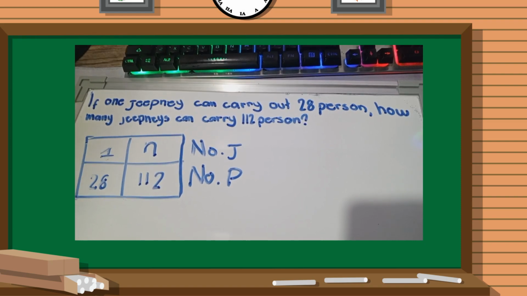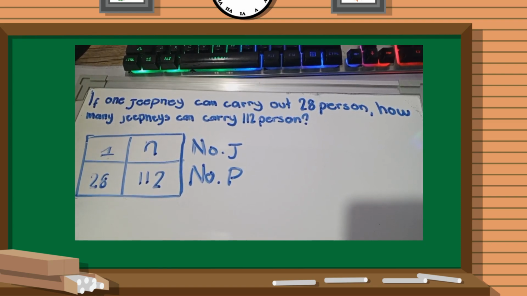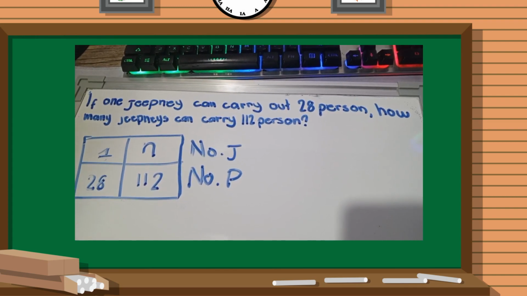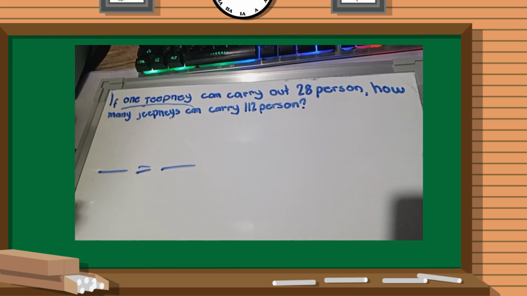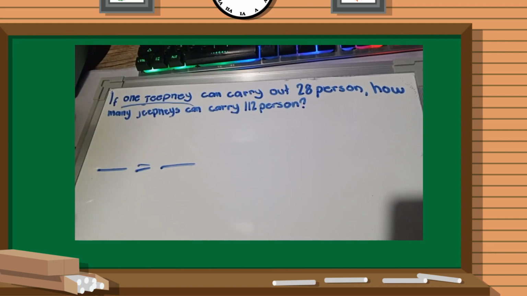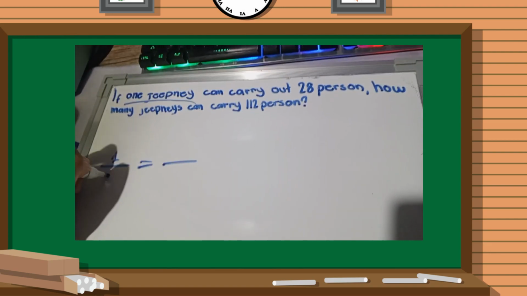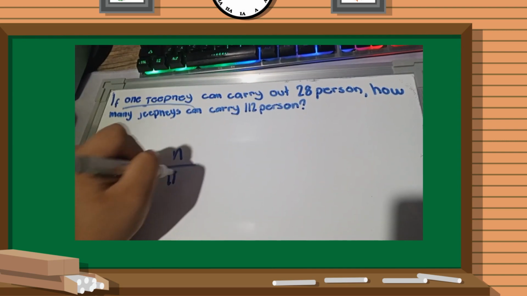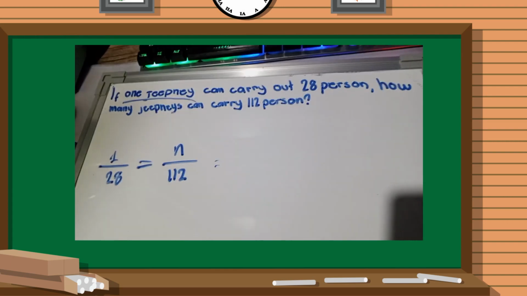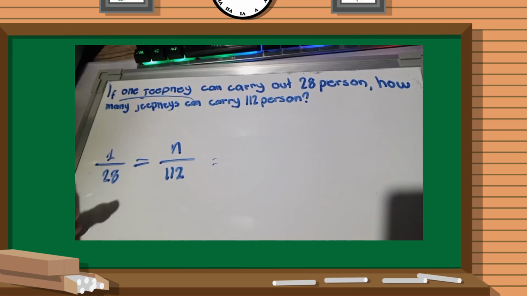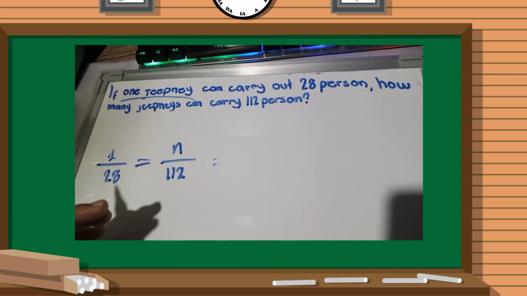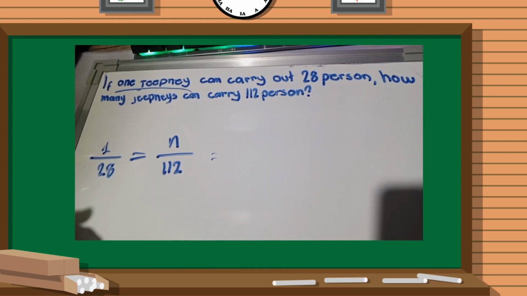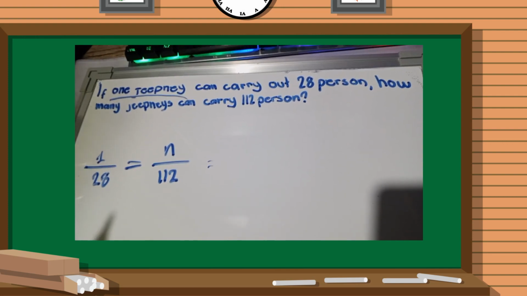Now that we have found our variables and identified each of them, let's go to the next step, which is building our proportion. Our proportion should be 1 over 28 is equal to n over 112. Now that we set up our proportion, we should do, again, the cross multiplication to find the missing number of jeepneys.